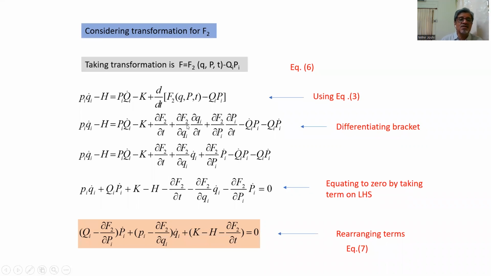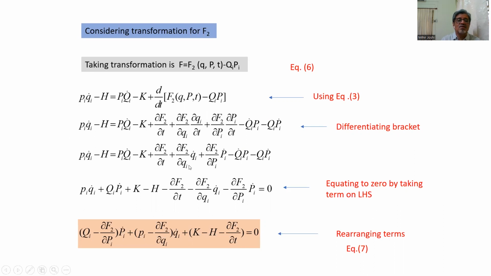So left hand side is as it is, capital Pi Q dot i minus K. Now we are taking the partial derivative: del f2 by del t plus del f2 by del qi times del qi by del t, plus del f2 by del capital Pi times del capital Pi by del t, and now taking the differentiation of Qi Pi, both capital letters, so minus Q dot i Pi minus Qi P dot i, and we'll notice that one Qi Pi Q dot i will cancel out with the minus Q dot i Pi.